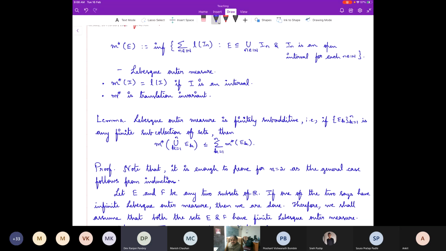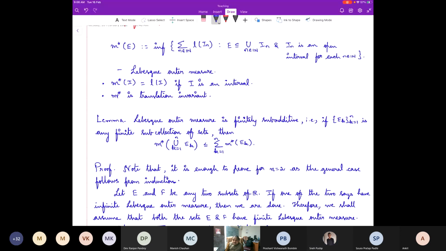It is not a lower bound. It is not only that it is an infimum; m star of E plus epsilon is not even a lower bound.